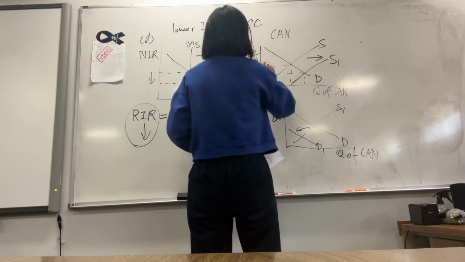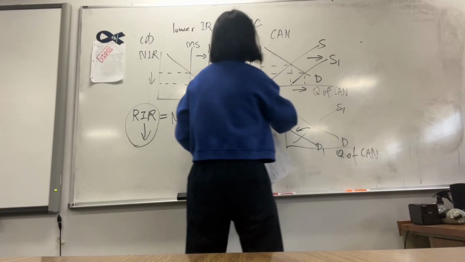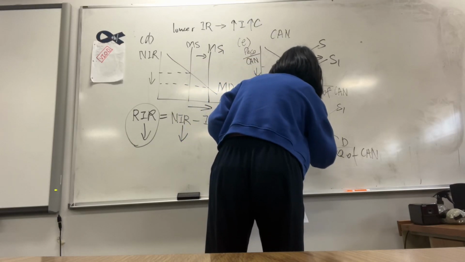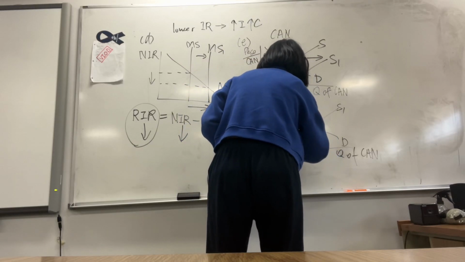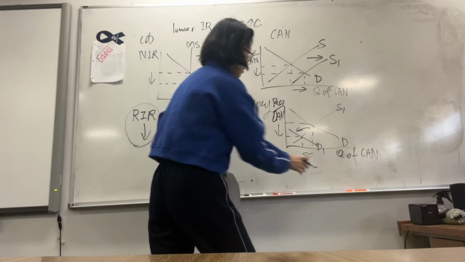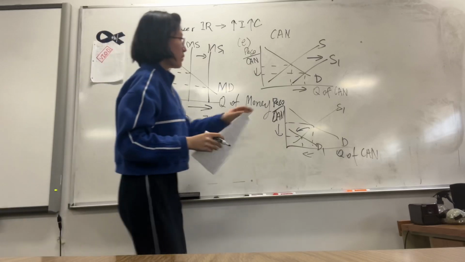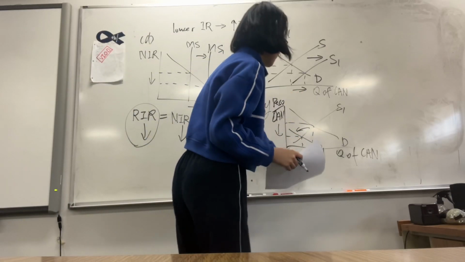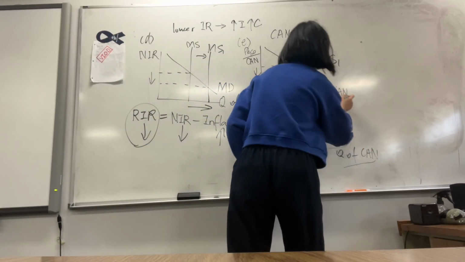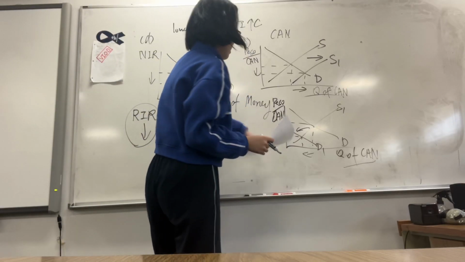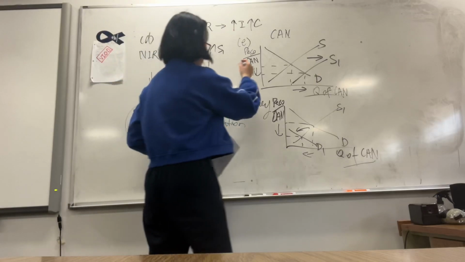In here it's going to decrease, and in here it's also going to decrease. The quantity doesn't matter. Even though these two graphs have different amounts of shifting in quantities, we don't have to care. We just care about the y-axis, which is the currency exchange rate for the two currencies in here.